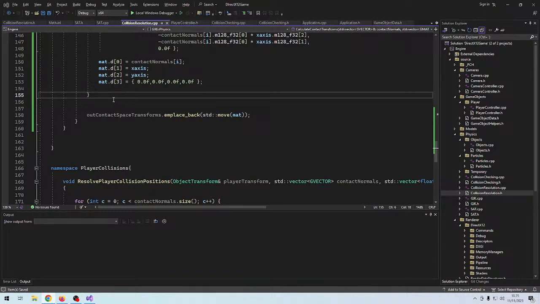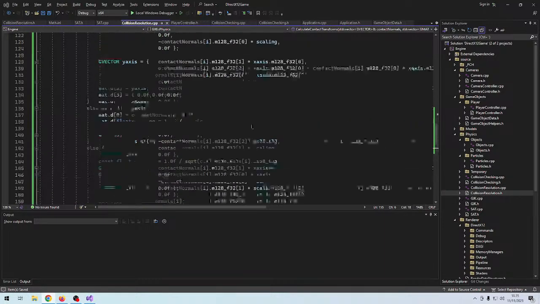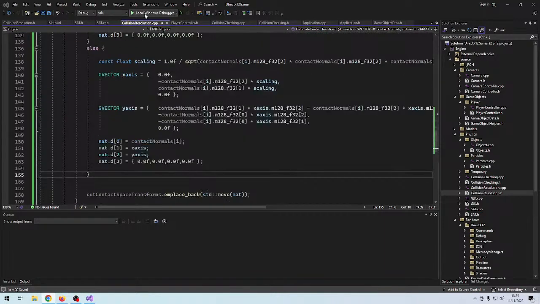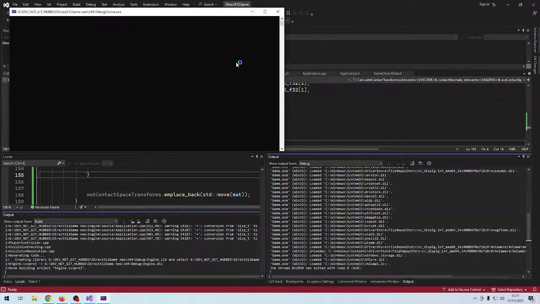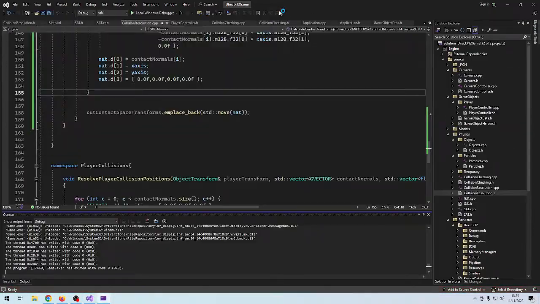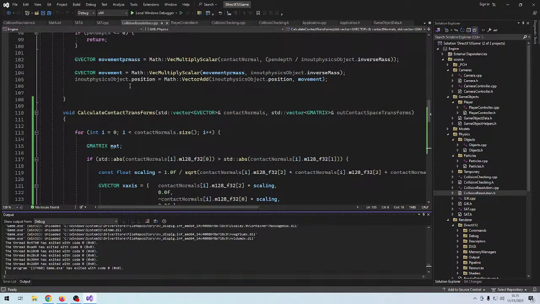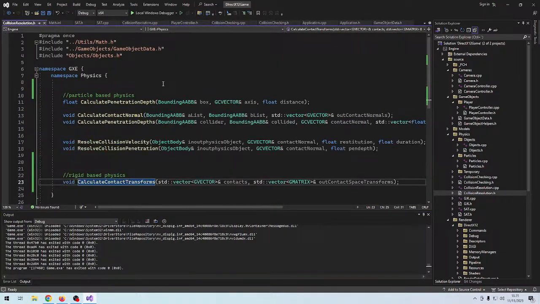Now we can actually transform this by transposing, or rather get the inverse by transposing it. All right. Let's see. Did we implement?